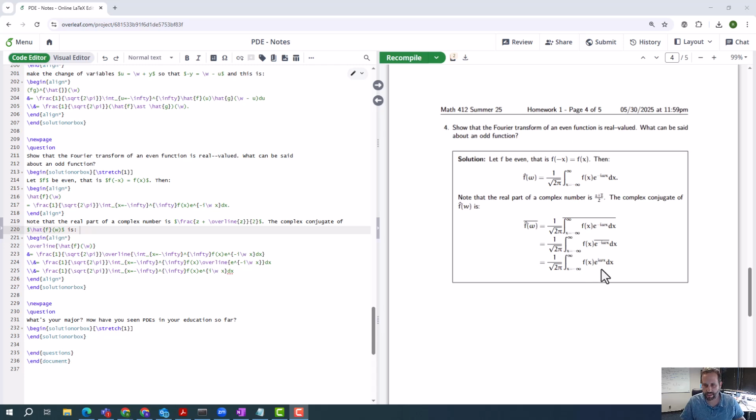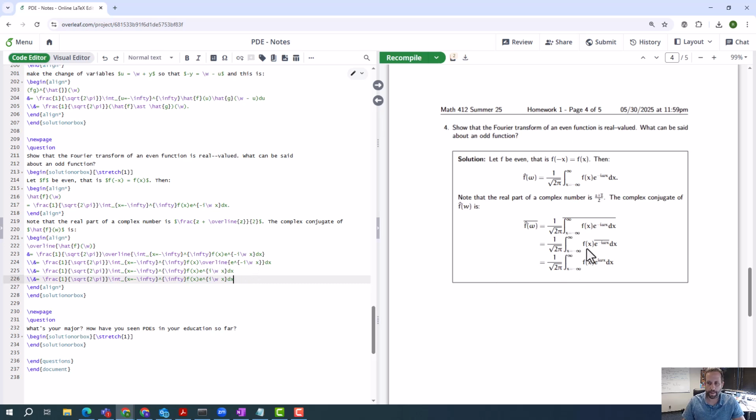What I want to do now, I want that to be a minus sign still.